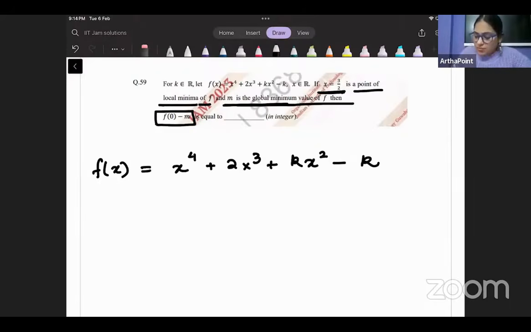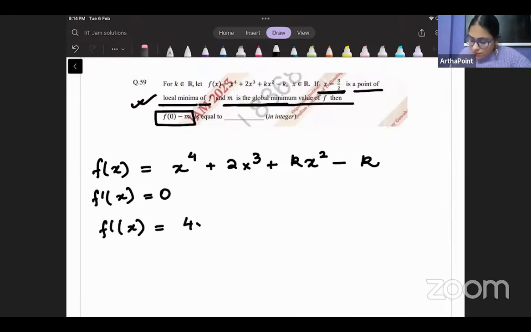But to find minima or maxima, what do we do? We differentiate the function and equate it to 0. When I differentiate this function, what will I get? 4x cube plus 6x square plus 2kx, and I will equate it to 0.